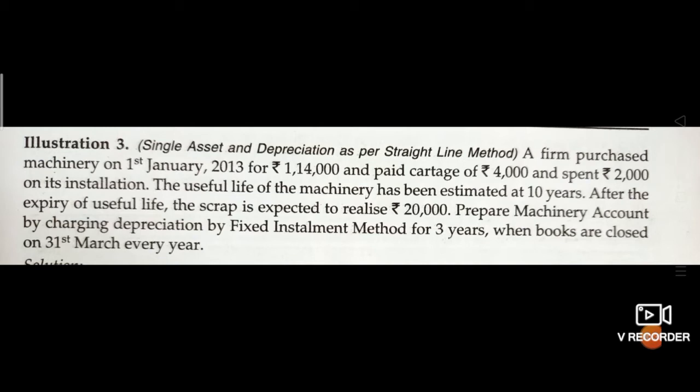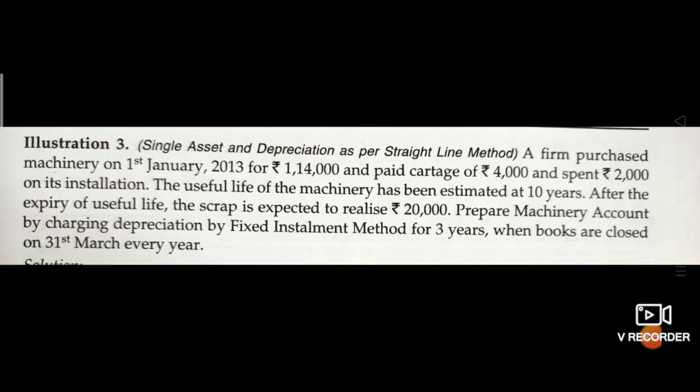So here in this problem, scrap value of machinery is given after completion of useful life and estimated life is given 10 years. Prepare machinery account by charging depreciation by fixed installment method for 3 years when books are closed on 31st March every year.